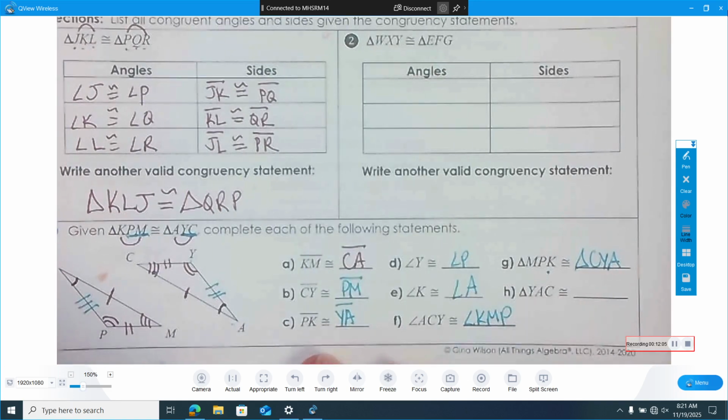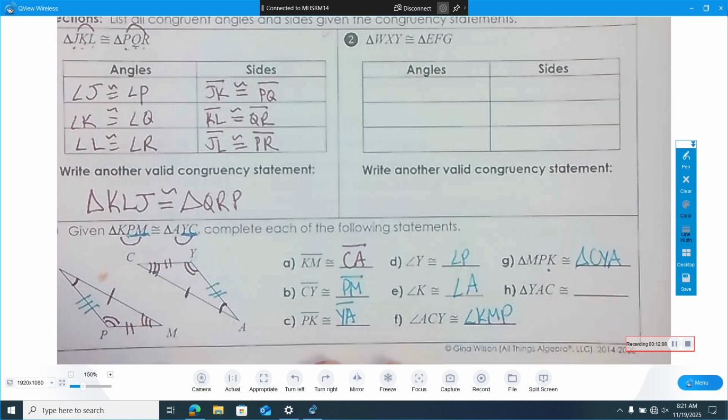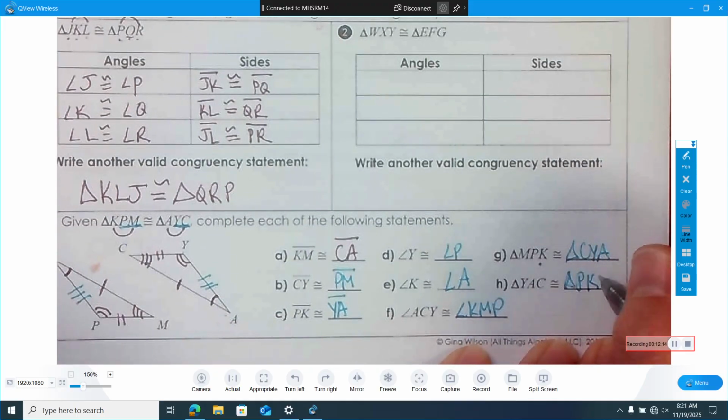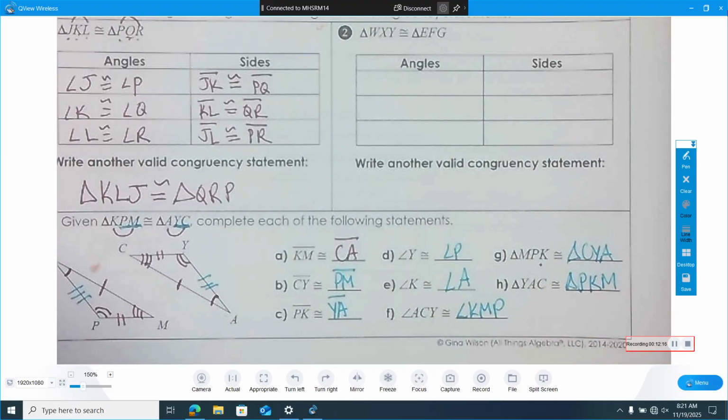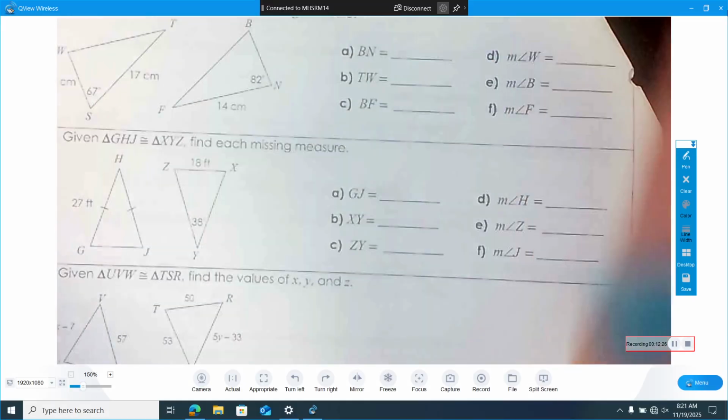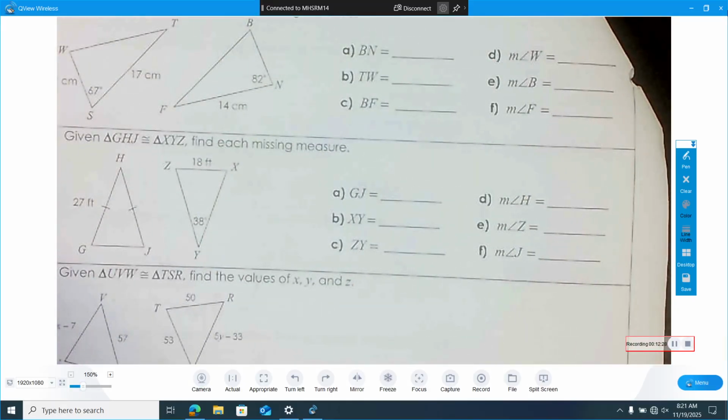Yep. And then YAC is PKM. Triangle PKM. All right. Cool. Questions? All right. Okay.